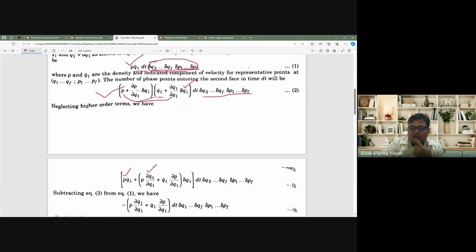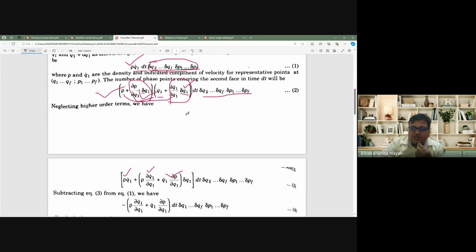And the fourth term is del rho by del q1 into delta q1 dot by delta q1, into delta q1 into delta q1.